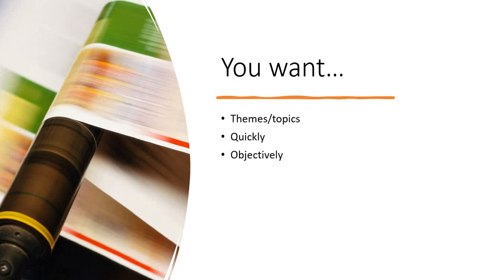So, what you want is themes or topics, large themes or topics that are present in, for example, your reviews or recent industry reports, and you want to find out those topics and themes really quickly.